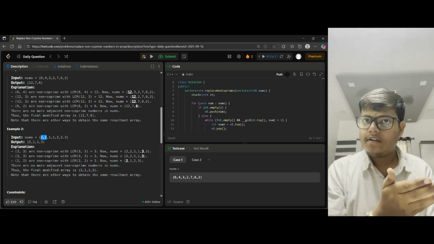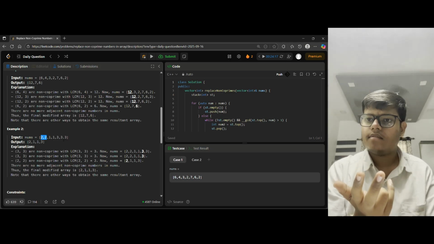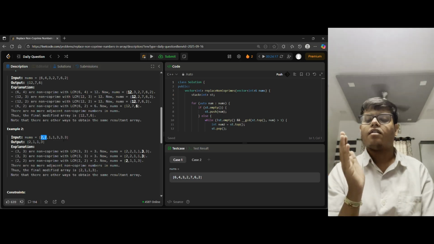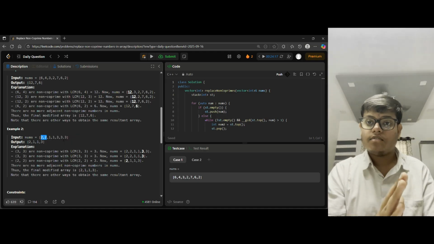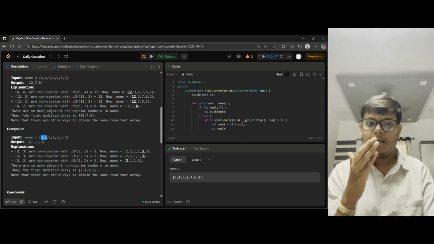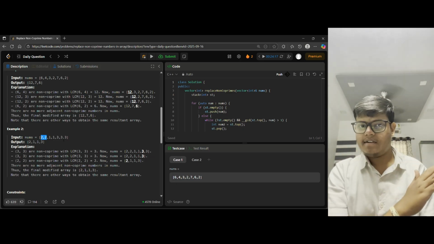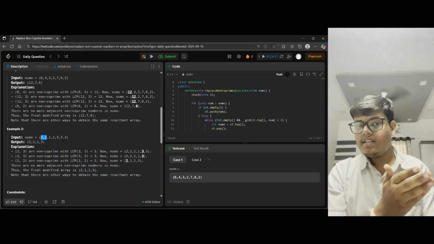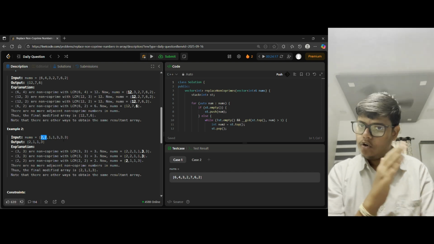So what we are going to do is maintain a stack where we store previous elements. There are two possibilities: the current number, at the index we are at, and the top of the stack, which is the previous element, are either coprime or not coprime.